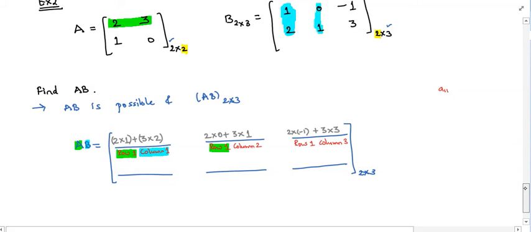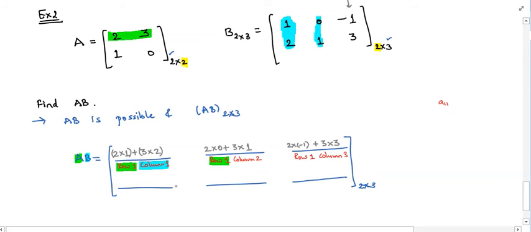Clear? Now moving on to the second row elements. This is row 2, column 1. Here the column remains the same, the row changes. This is column 1, 2 and 3, but the row is 2. So here we will be working with the second row, and we do the same thing: first we select the first column, second column and third column.